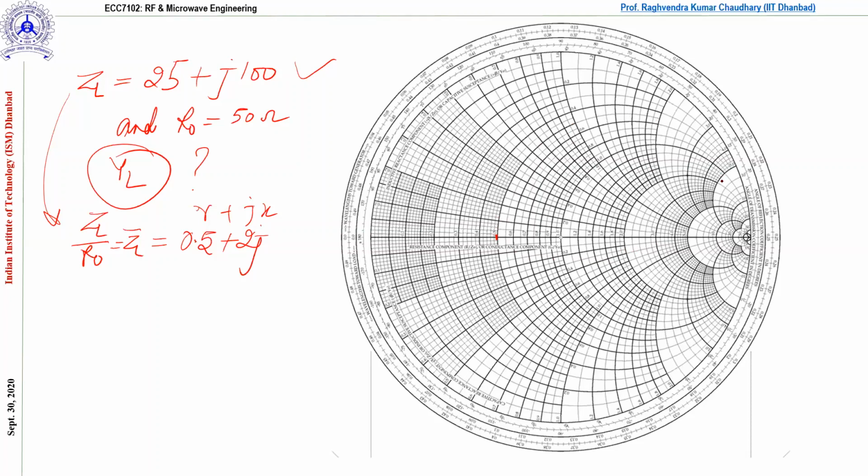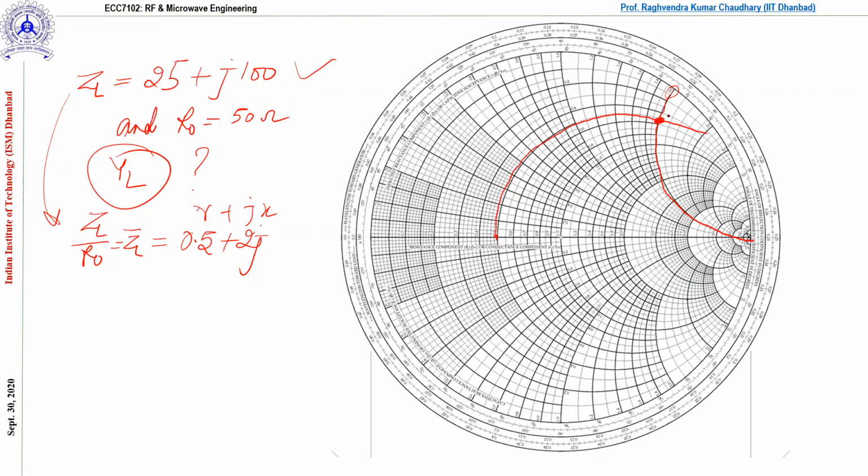Whereas the 2, which is the x value, you can find somewhere here. So this is the circle of x, and 0.5 is the R circle, this circle.